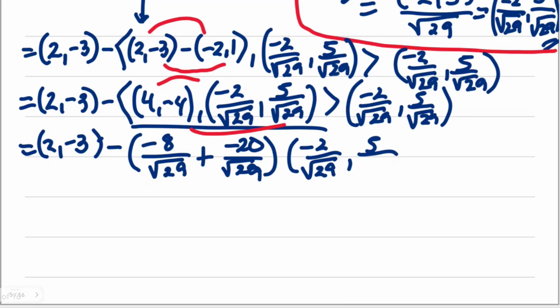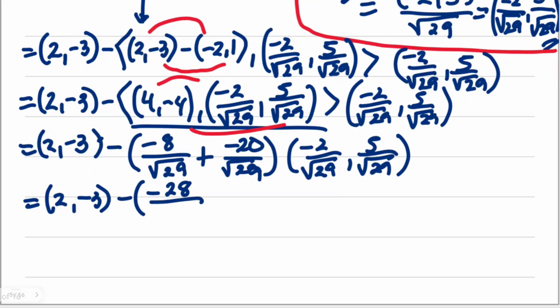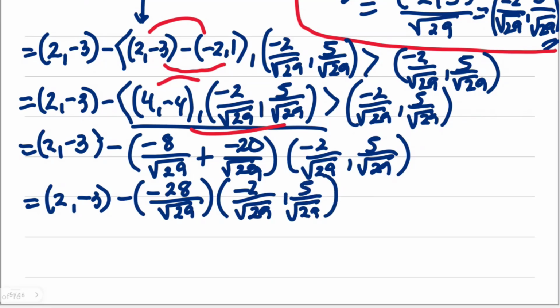So let's add first: (2, -3) minus -28 over square root of 29 times your unit normal vector. And this time, I would assume that it's clear that the square roots will be removed, because as you multiply that here and here as scalar, you'll be removing the square root. That's why there's no need for us to really simplify or rationalize the denominator at that point.